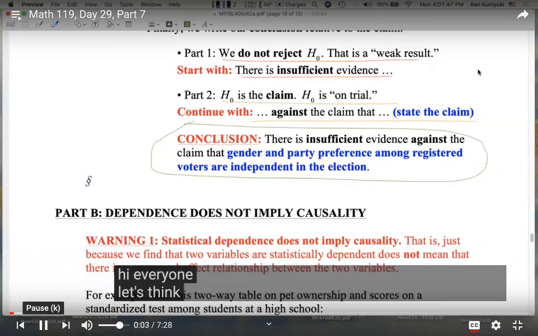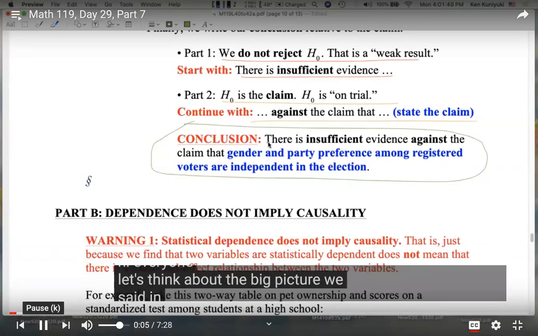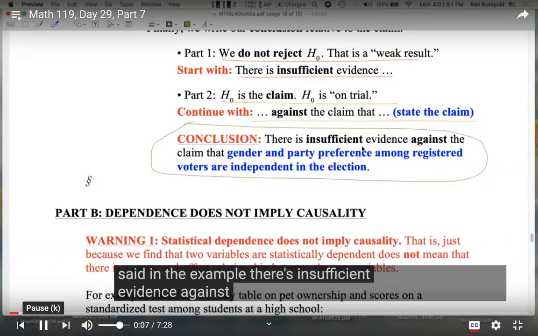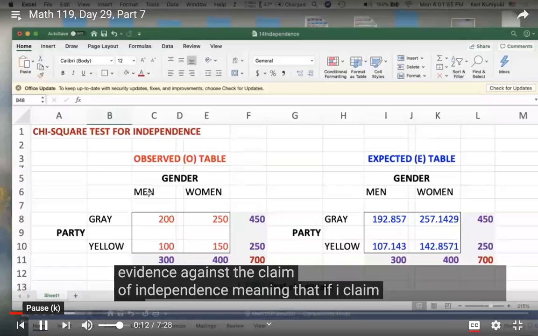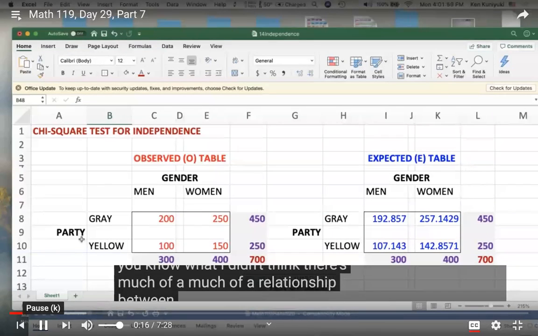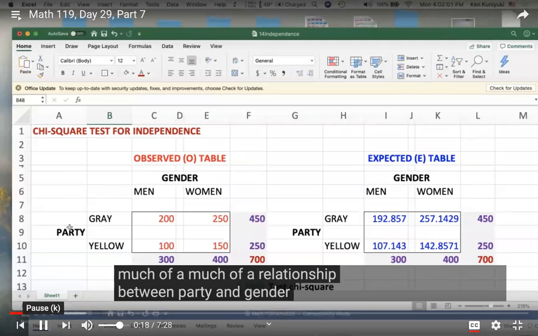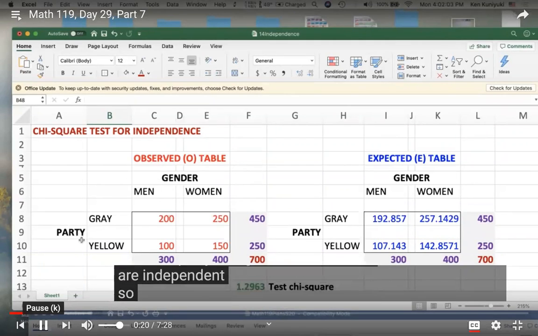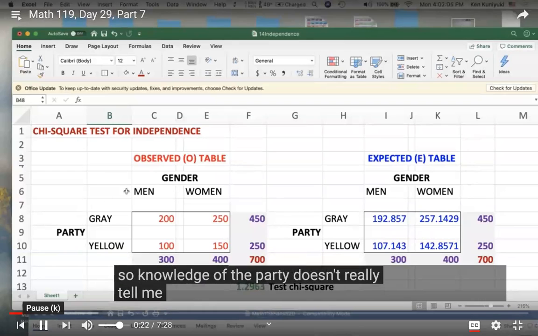Hi, everyone. Let's think about the big picture. We said in the example, there's insufficient evidence against the claim of independence, meaning that if I claim, you know what, I don't think there's much of a relationship between party and gender. I think these are independent. So knowledge of the party doesn't really tell me about gender and vice versa.